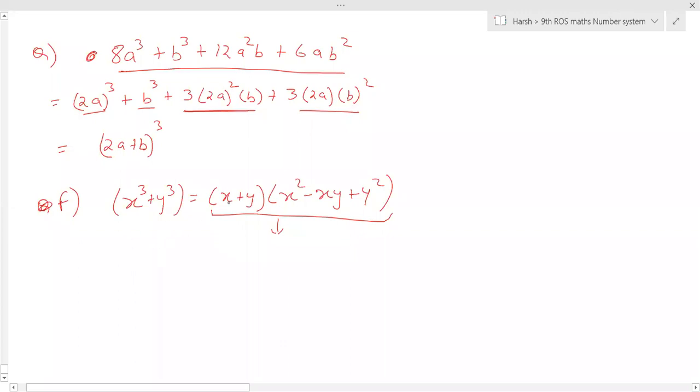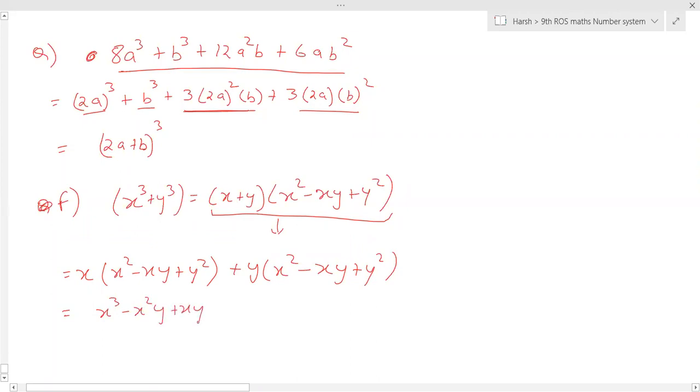So how can we write x cube plus y cube? minus x square y plus x square y plus xy square minus xy square.